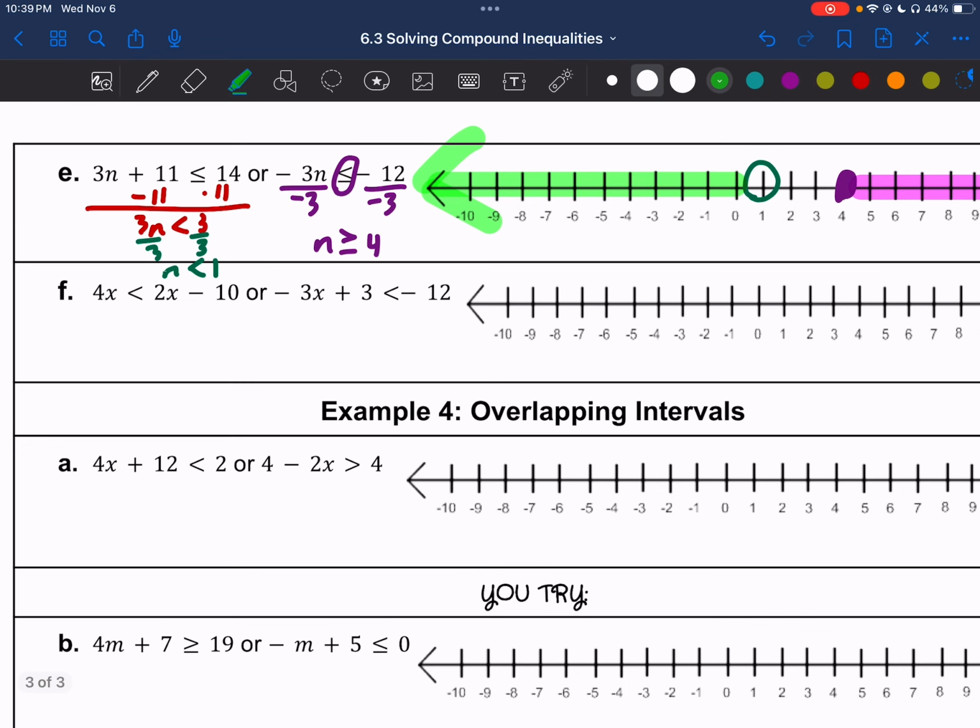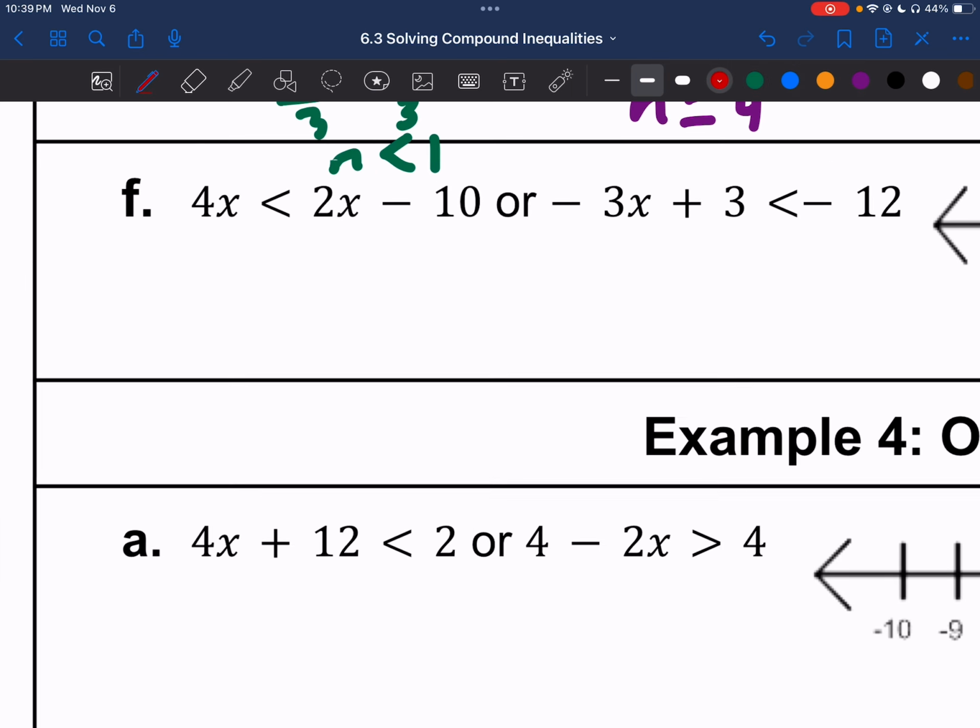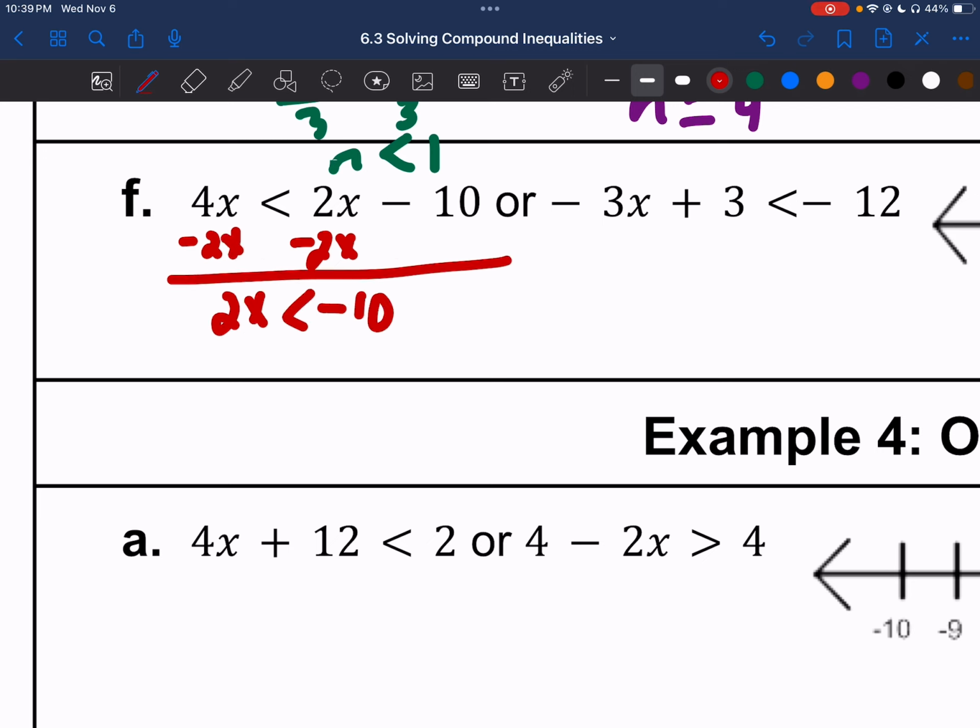So letter F, we're going to subtract 2x from both sides. We get 2x is less than negative 10, and we divide by 2. X is less than negative 5.